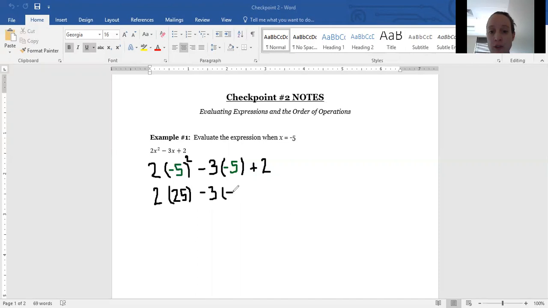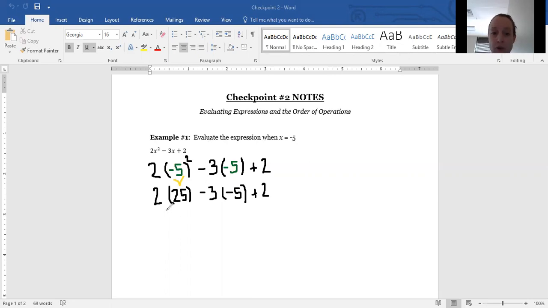And I'm going to just do this step by step, so I'm just rewriting everything else. I'm not doing any other work. I'm just doing one step at a time. Well, I might do a couple extra steps, but for right now, I'm just going to worry about my PEMDAS. Okay, so -5 squared is 25. Now, I've got to figure out what comes next.